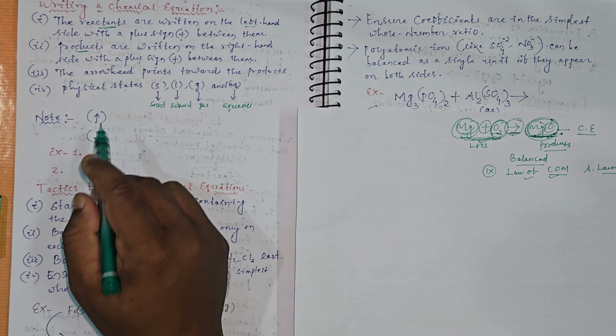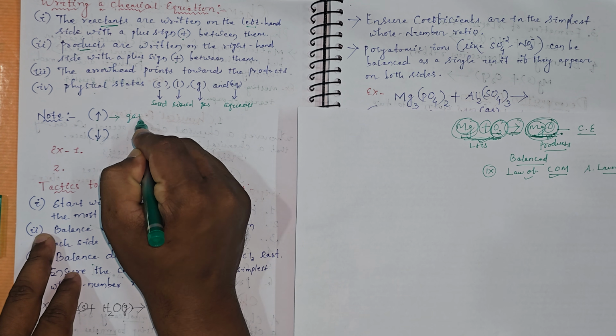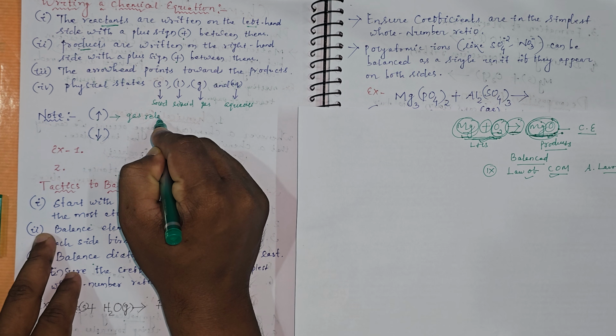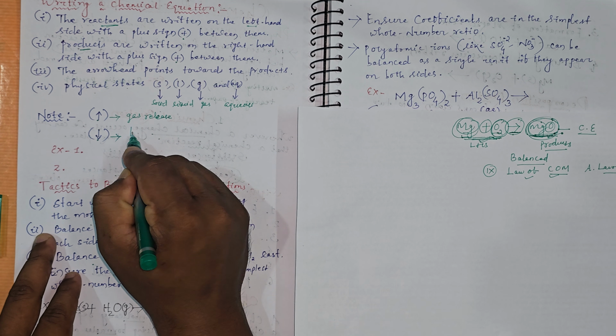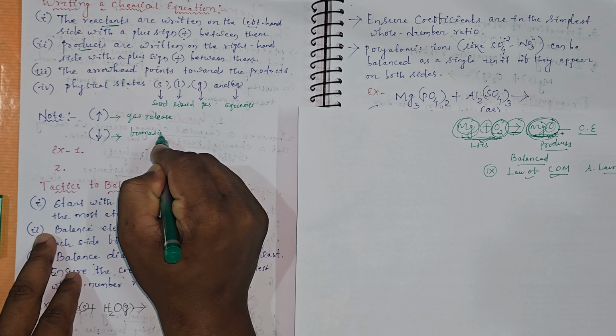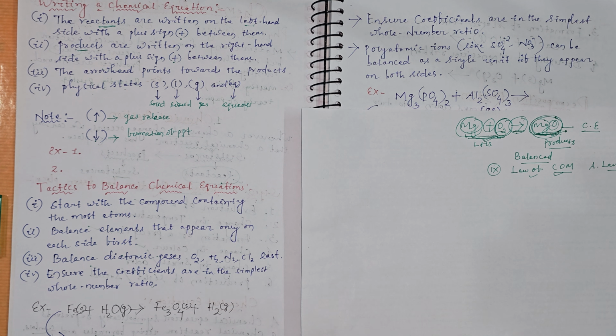The upward arrow mark represents the release of gas, and the downward arrow mark represents the formation of a precipitate. I hope this is clear.